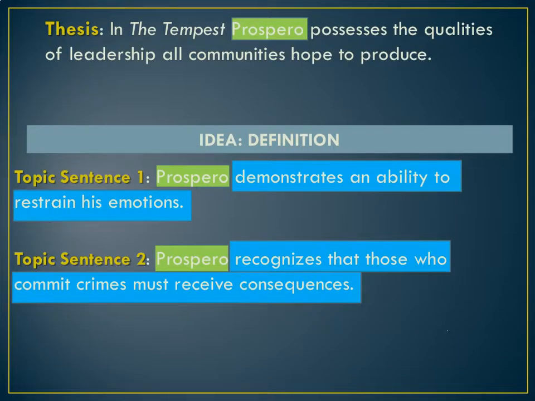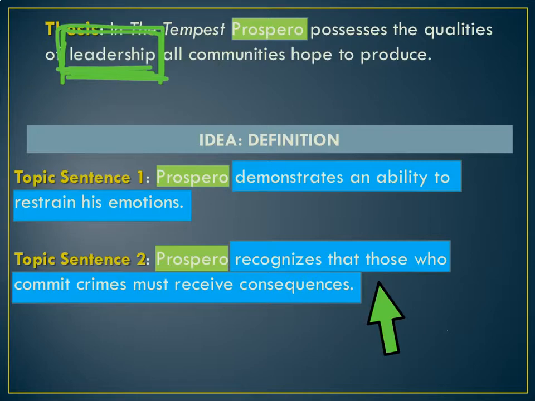So in this thesis statement, and specifically in these topic sentences, what this writer has decided to do is define this idea of leadership in each topic sentence. And so this blue highlighting, these are the definitions that they've decided to name in each topic sentence.